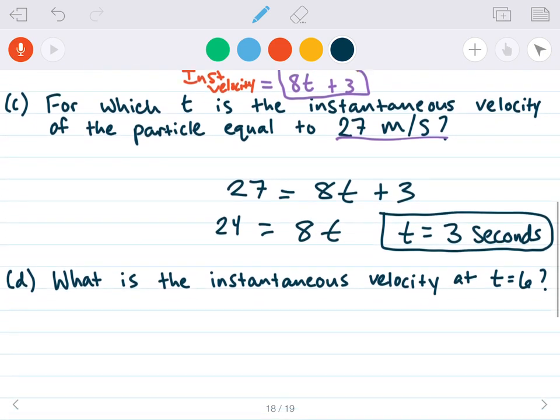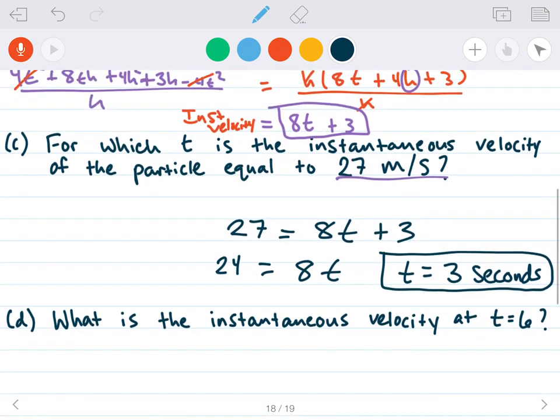Okay, the next one says, what is the instantaneous velocity at t equals 6? Okay, so we have a formula for instantaneous velocity as found in part B. So instantaneous velocity is equal to 8 times the time plus 3.